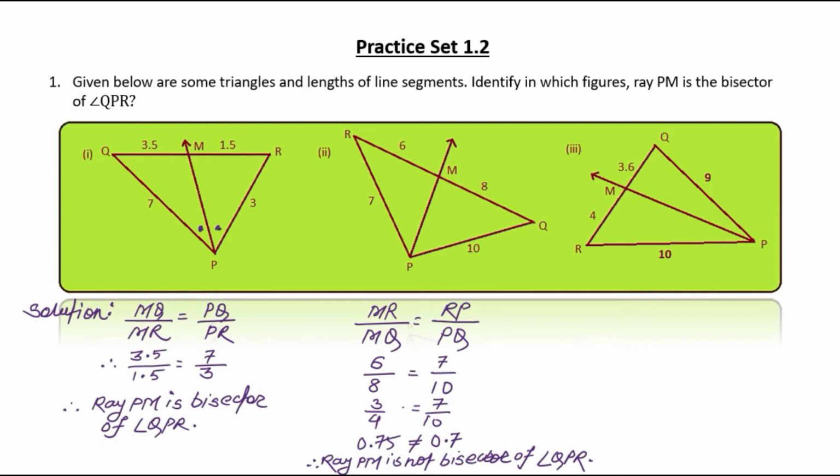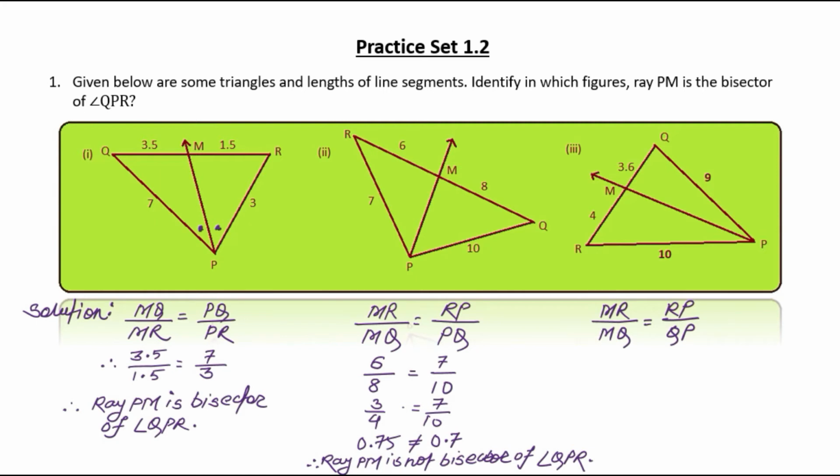Okay. For the next diagram, diagram number 3, again apply the angle bisector theorem, that is MR upon MQ is equal to RP upon QP.